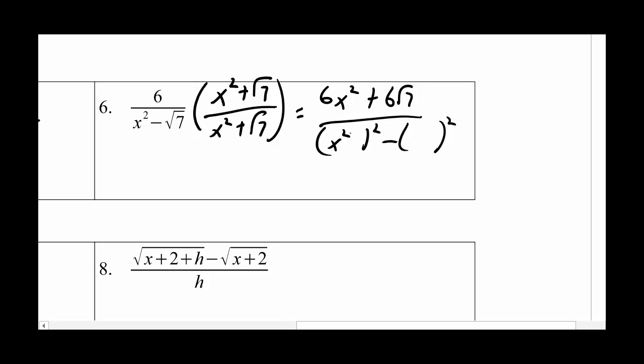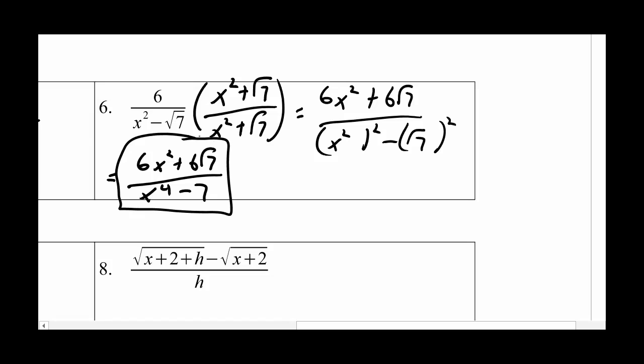So it's x squared squared and square root of 7 squared. Okay, so cleaning that up a little bit, we get 6x squared plus 6 square root 7 over x to the 4th minus 7, and that's pretty much it. Not much we can do to pretty that up at all.